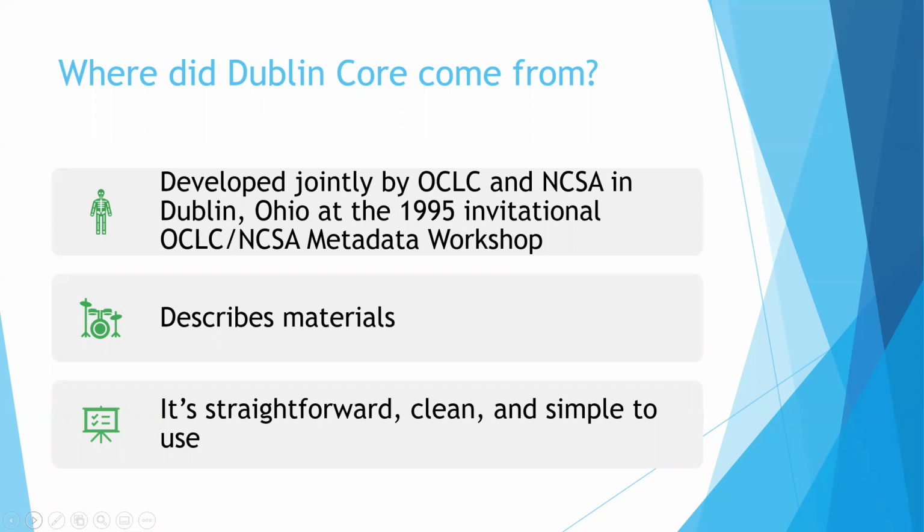At this workshop, more than 50 people discussed how a core set of semantics for web-based resources would be extremely useful for categorizing the web for easier search and retrieval. They dubbed the result Dublin Core metadata based on the location of the workshop, which was in Dublin, Ohio.